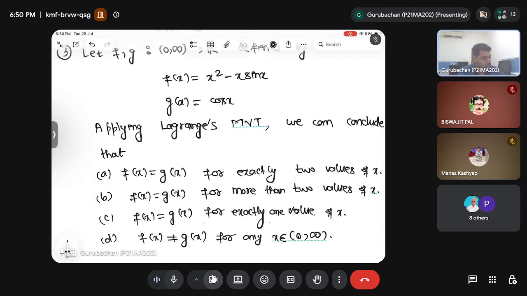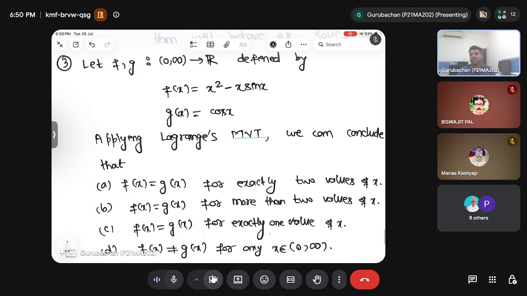Now try this one, then we will discuss it. This is a simple application of this Lagrange mean value theorem.